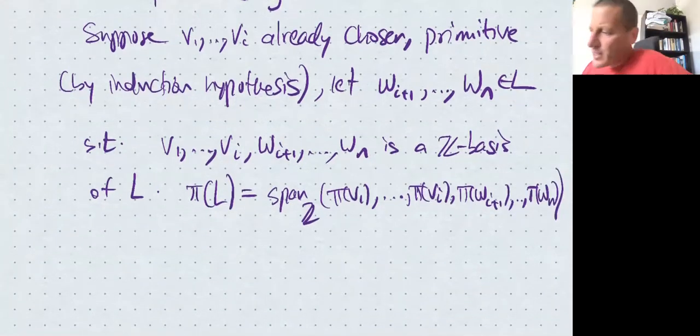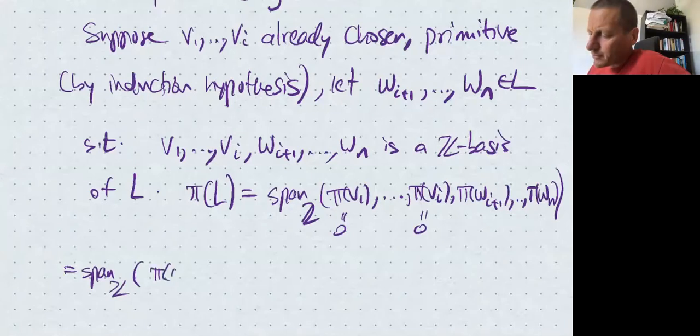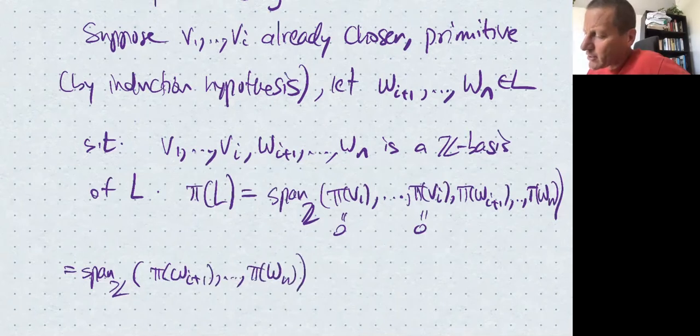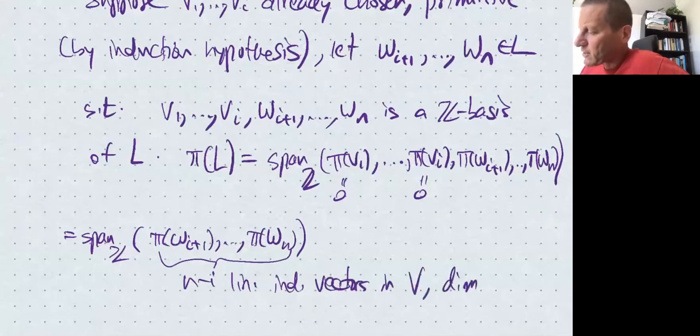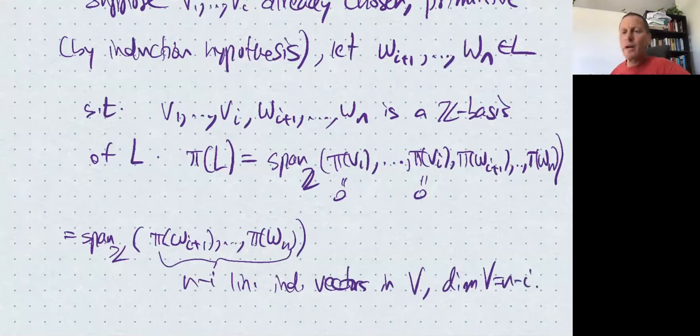But all of these first guys are 0 because we're projected onto the perp. And so this is the Z-span of n minus i linearly independent vectors in V, where V is a vector space of dimension n minus 1.